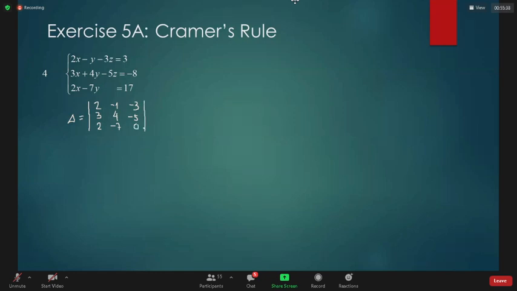So we will be able to find this determinant. How we simplify things is completely up to you. If we are in a hurry, we could use the diagonal product method, or we can use the classical method.